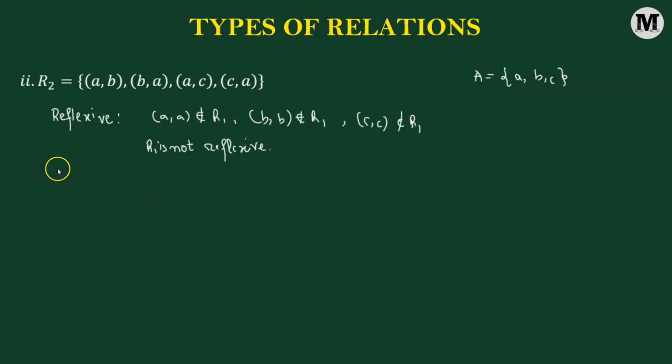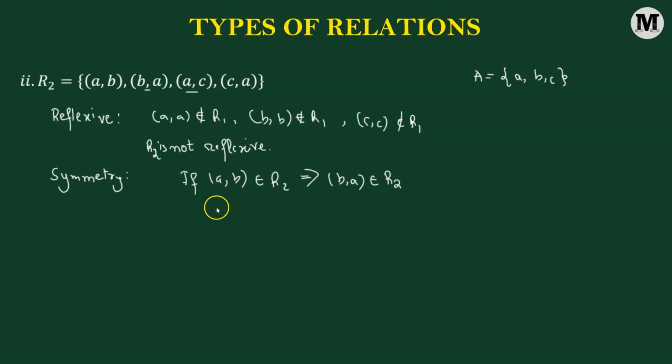Next, we will check for symmetry. Let's consider the first ordered pair. If A comma B belongs to the relation R2, this must imply that B comma A is also present in R2. Is it present? Yes, definitely it's present. So this confirms that A comma B and B comma A are present in the relation R2.